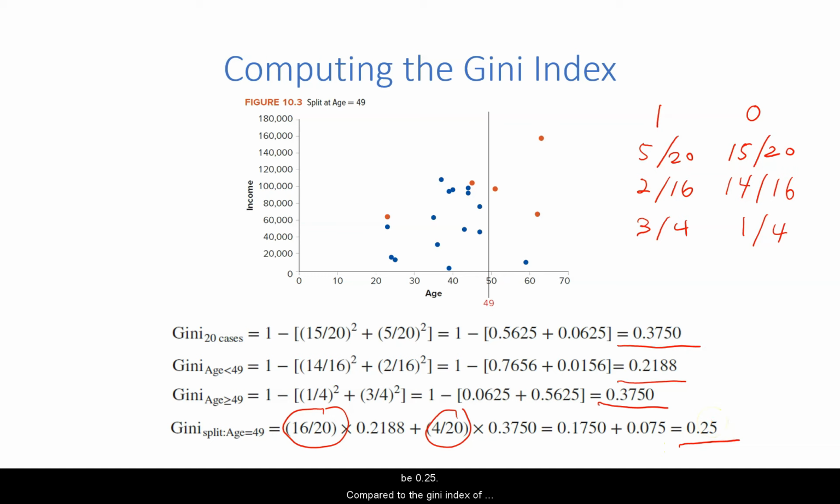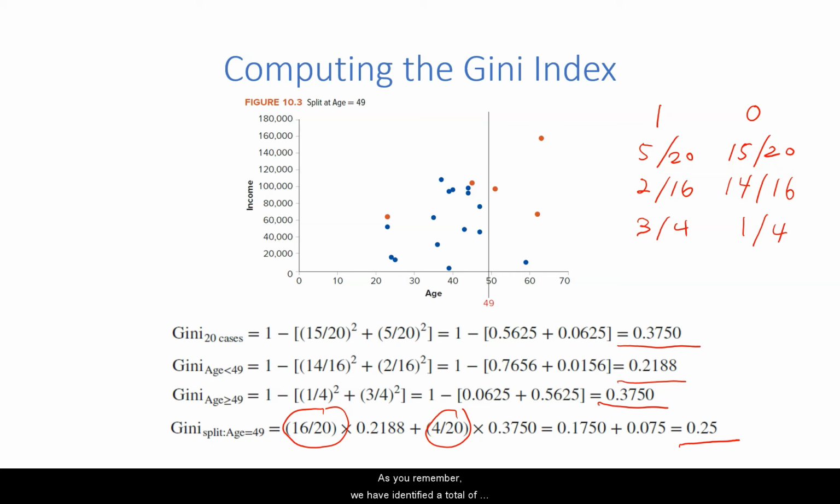Compared to the Gini index of 0.375 for the original 20 cases, the split age equal to 49 has reduced the Gini index to 0.25, making the subsets purer overall.